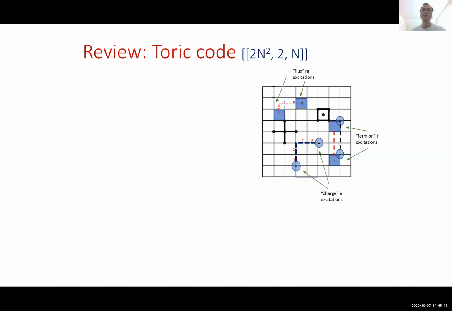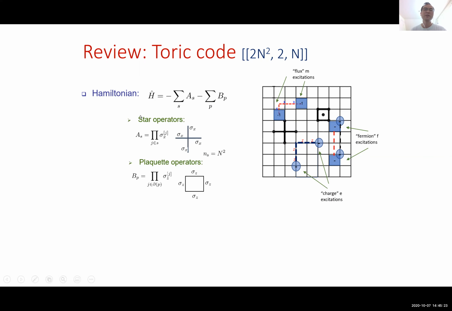And we see that in this Toric code, the Hamiltonian we consider is a sum of 2 kinds of stabilizers. One is the so-called star operator, which is the product of sigma x, or X's, around a vertex. The other is the so-called plaquette operator, the product of sigma z, or Z's, around a plaquette.